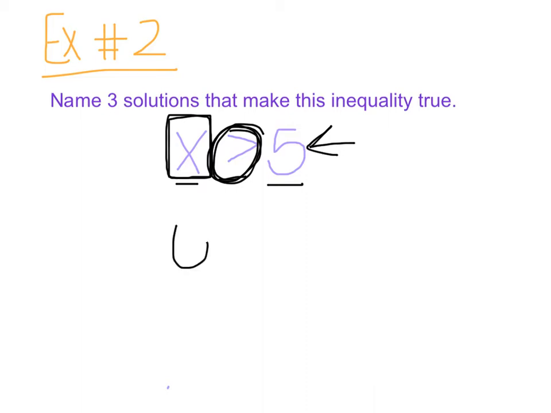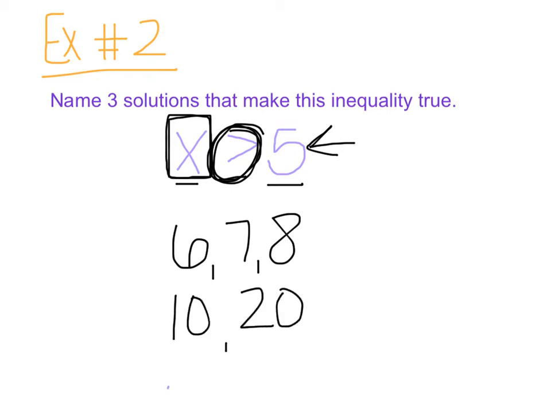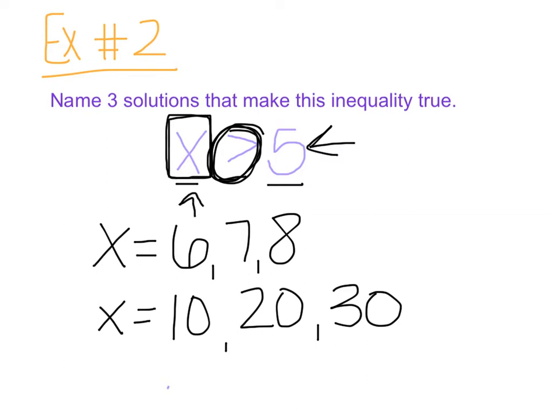We could do 6, 7, 8, 10, 20, 30. There's a lot of numbers that are greater than 5. So that's what our x values could equal. Those would be 3 solutions that make this true. If we put any of those numbers in place of the x, it would be true.